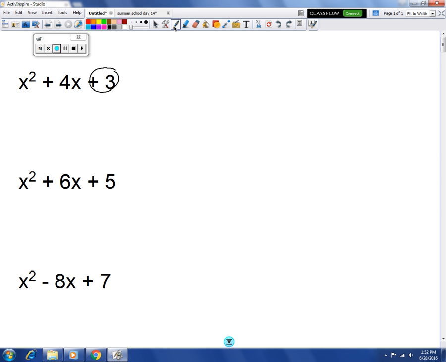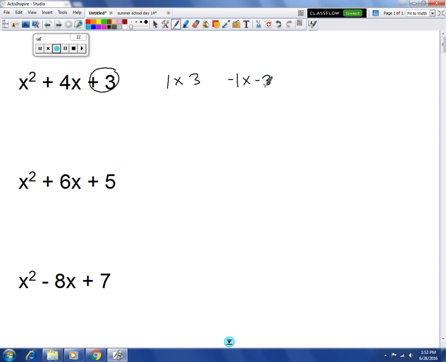Start with the last term, which is a positive 3. Think of two numbers that you multiply to make that positive 3. What leaps to mind is a positive 1 times a positive 3. Of course, 3 is a prime number, so there's really not anything else you can multiply to make a positive 3. Later on, we can get caught by thinking that way, because also be aware that we can multiply a negative 1 times a negative 3 and also get a product of positive 3.